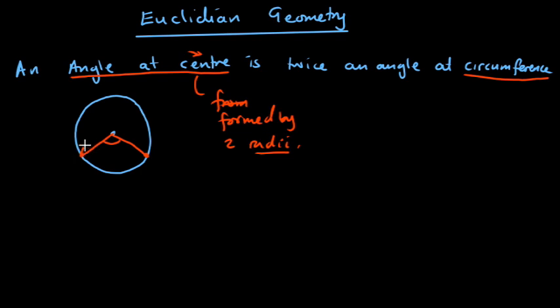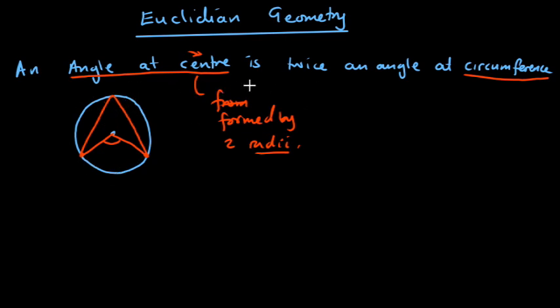An example is this one. There is one line, it goes up, then another line goes up. Now this is the angle at circumference, and we say this is the circumference of the circle. So make sure that the angle is really at circumference.